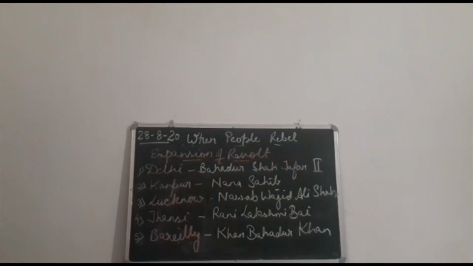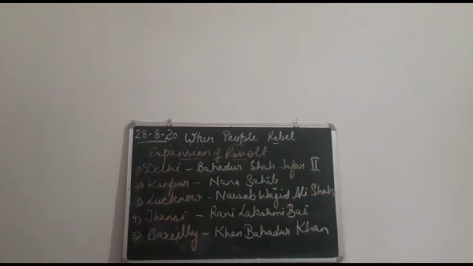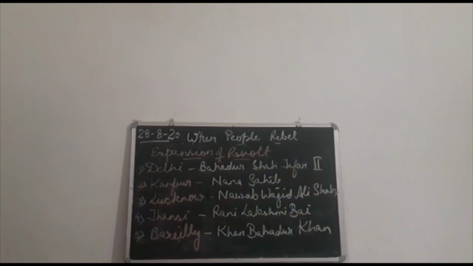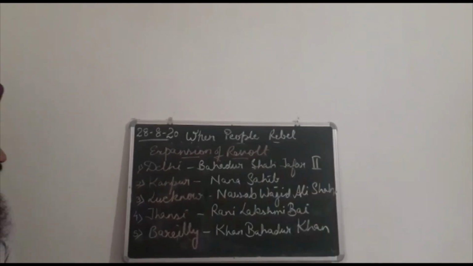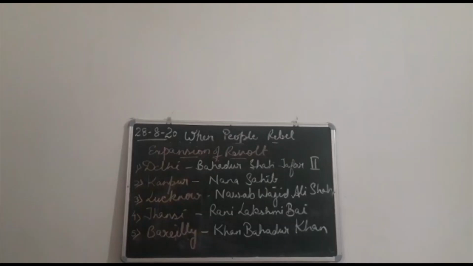They declared Bahadur Shah Zafar, who resided in the Red Fort in Delhi, as their leader. He was a Mughal emperor, and as we read in the previous part, the ruler who ruled in Delhi was considered the ruler of India, which we discussed in the Delhi Sultanate last year.